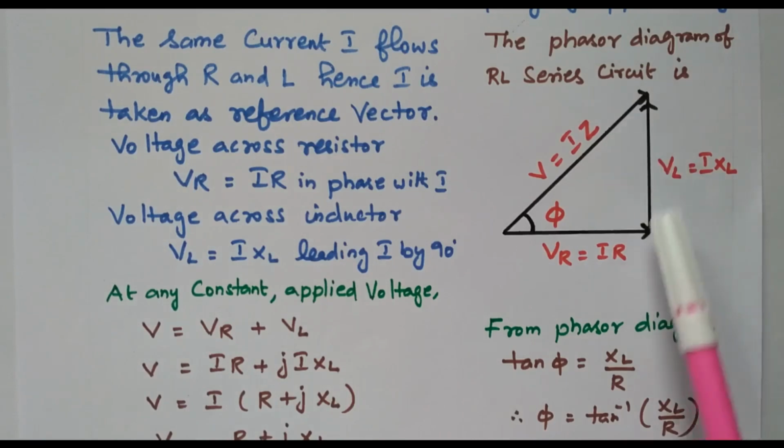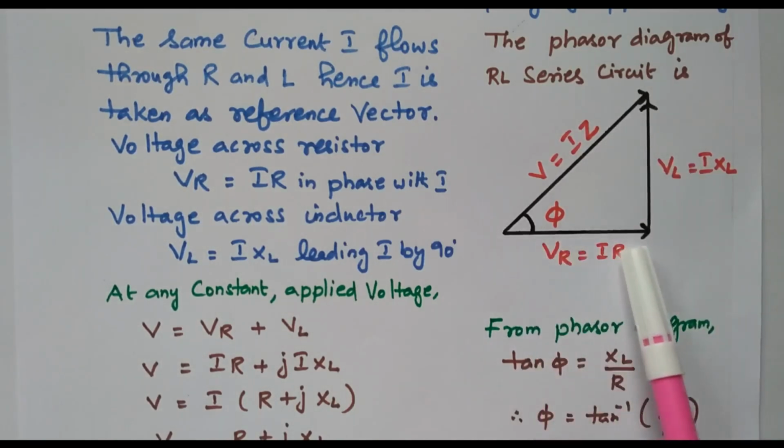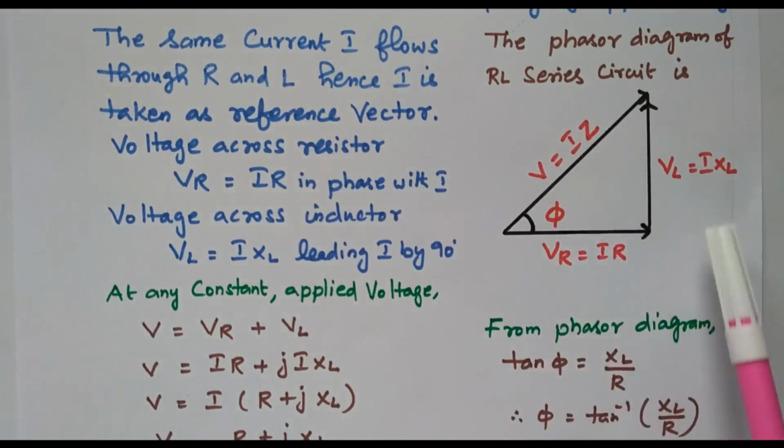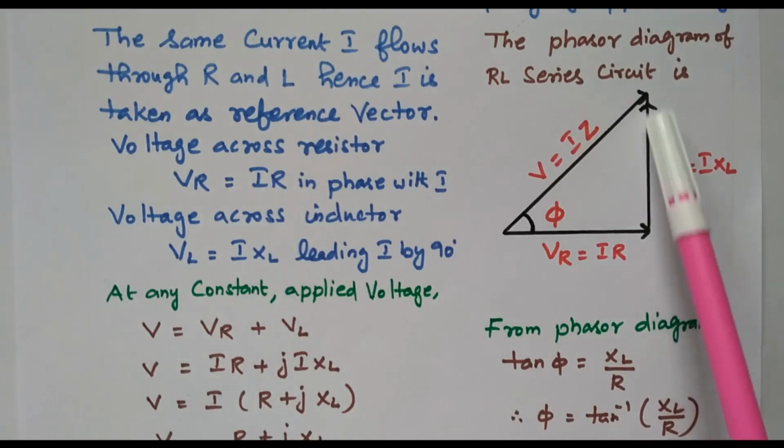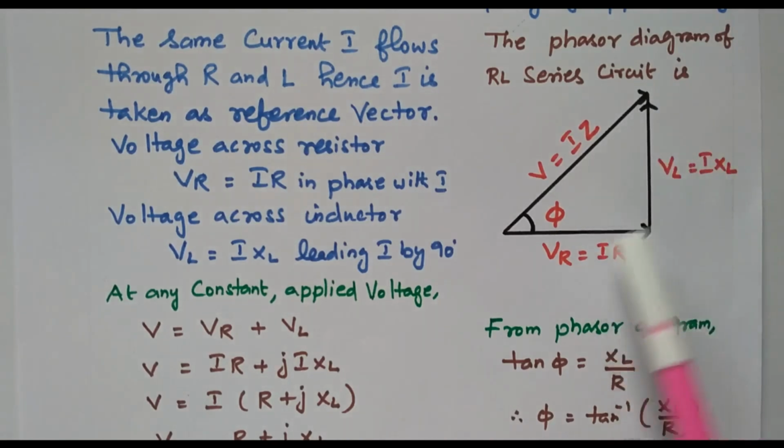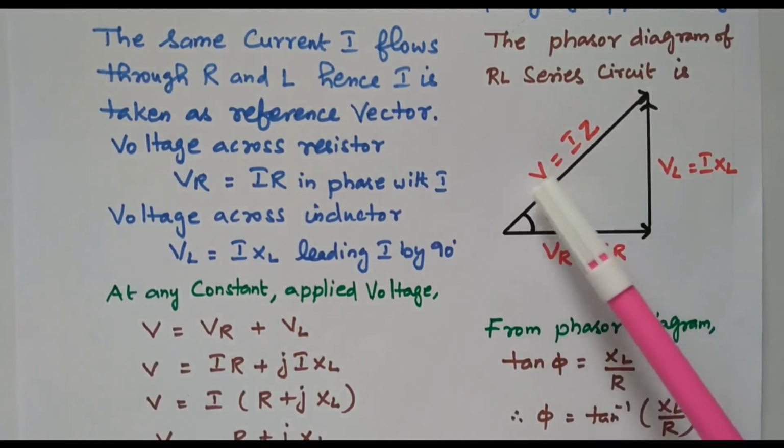This is the voltage drop across the resistor in phase with the current, and the voltage drop across the inductor 90 degree leading the current. The vector sum of these two is the total voltage V.